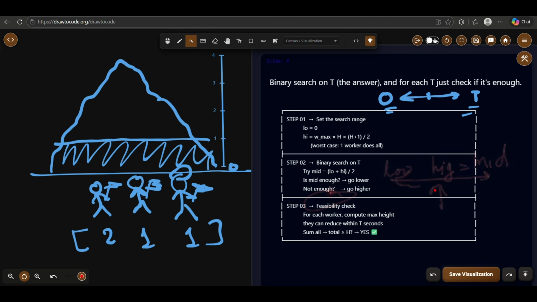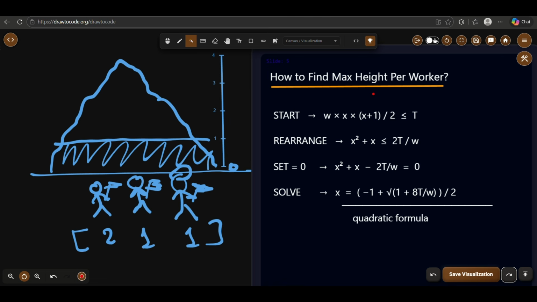So let's see how we can find whether this T time is enough or not to chop this mountain to 0. That is the only question which remains. Is this T time enough or not? To find this, we first have to find the maximum height per worker.